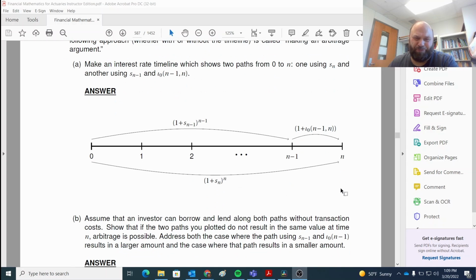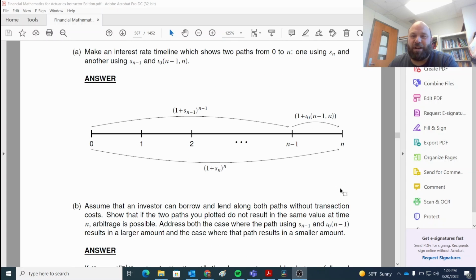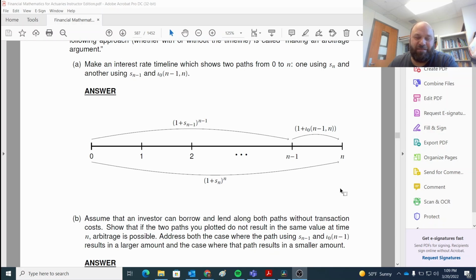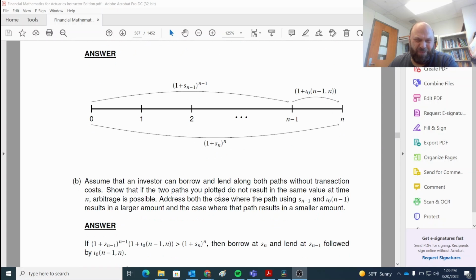Let's show why. Arbitrage arguments always have to assume that an investor can do anything they need to do without transaction costs or anything like that. So this means they can borrow or lend along either of these paths. We're going to look at both types of arbitrage.